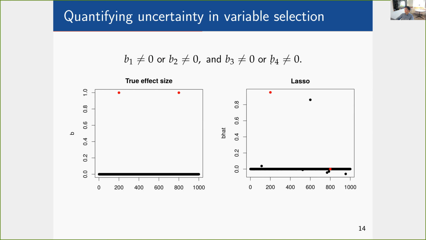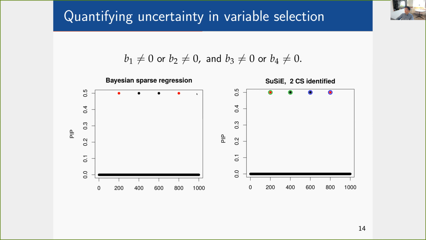SNP 3 and 4 are in LD with each other as well. So if you don't do any Bayesian variable selection, you don't quantify any uncertainty, you're going to randomly pick one out of 1 and 2, which by chance you got right. I mean, with Lasso, right? If you pick another one randomly from 3 and 4, then somehow it's wrong. It's how Lasso was implemented.